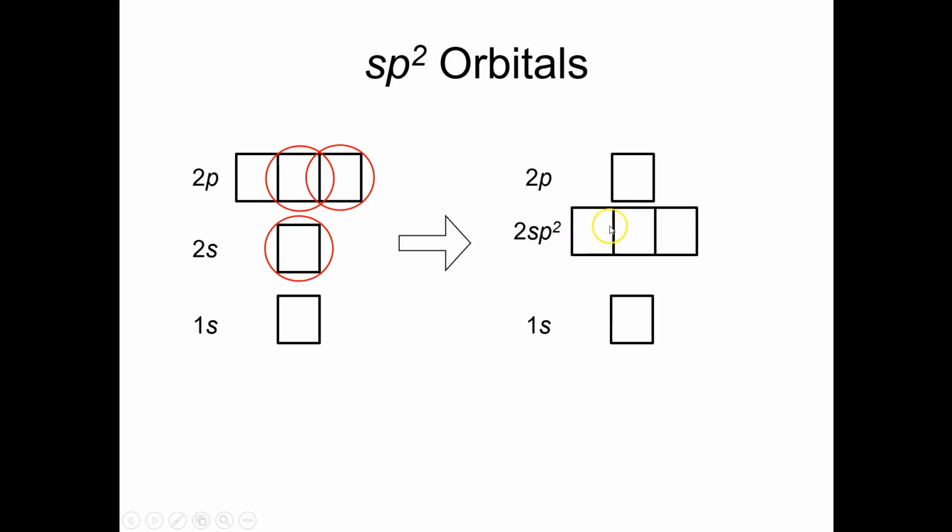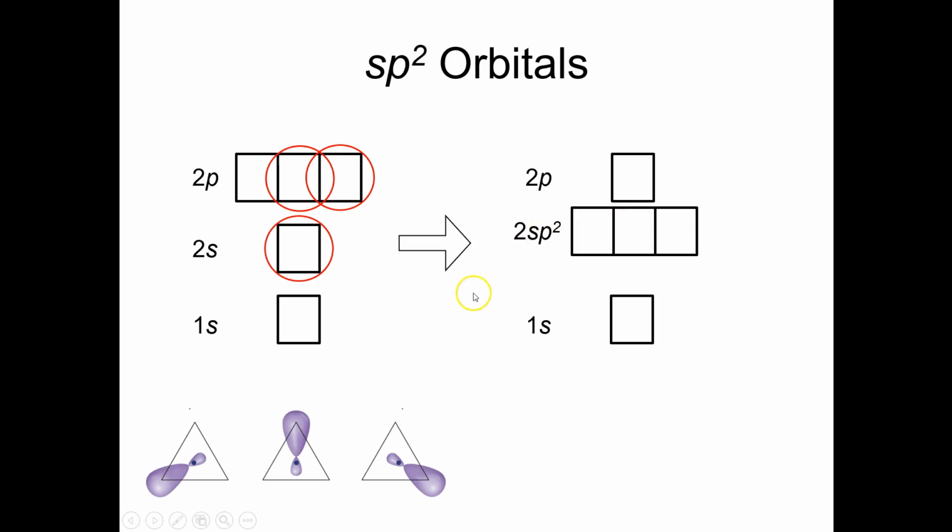You'll notice that these orbitals, and this is true in the previous slide as well, when you hybridize orbitals, their energy is intermediate between the orbitals that you use to get them. And so the energy of sp2 orbitals, just like any hybrid orbitals, is going to be greater than the s, but lower than the p that were used to form them, and they'll be degenerate with each other.